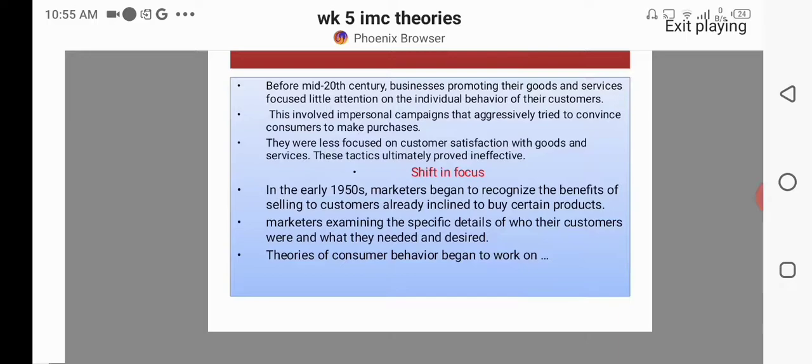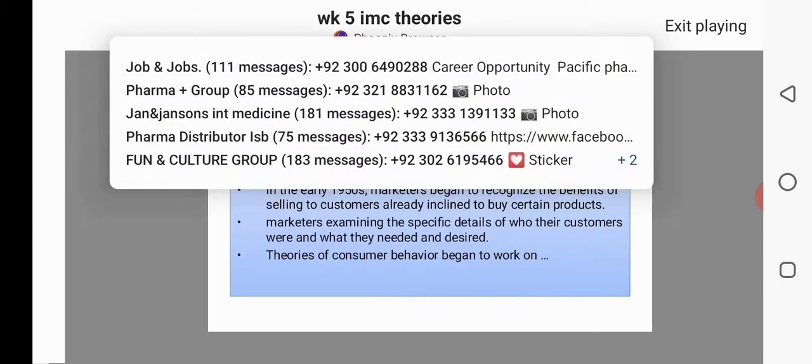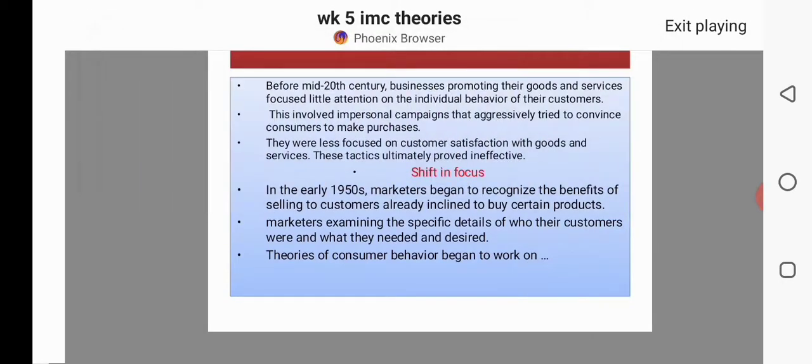Businesses promoted their products and services, and they were focusing on the individual behavior of their consumers. The involvement was impersonal campaigns that aggressively tried to convince consumers to make purchases. They were less focused on consumer satisfaction with goods and services. These tactics ultimately tried to create influence on the consumer.